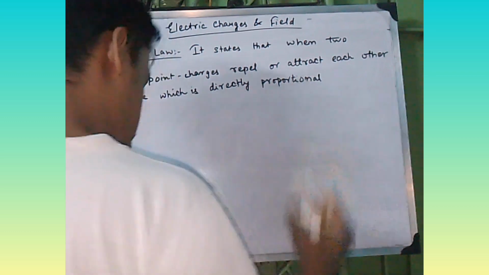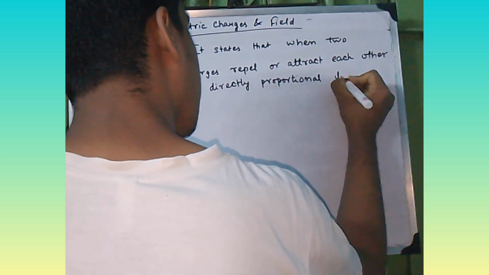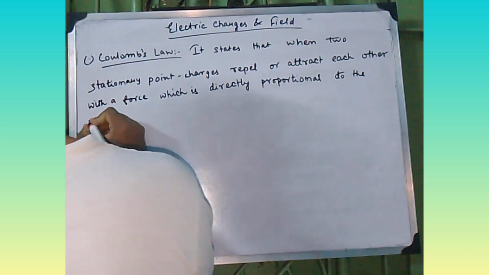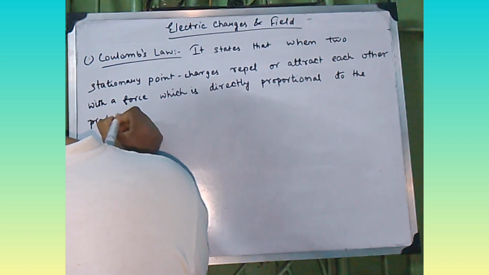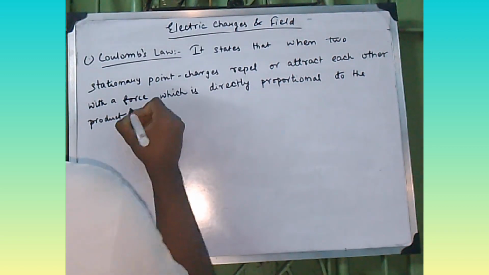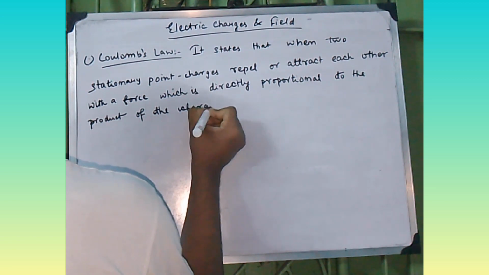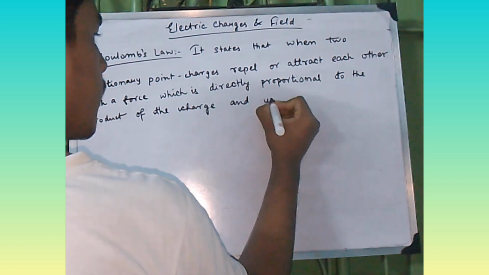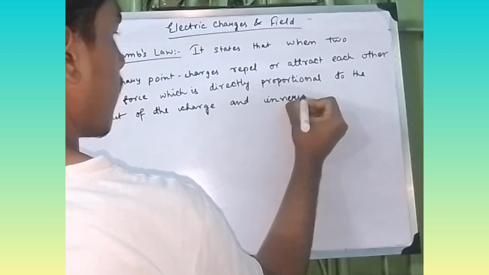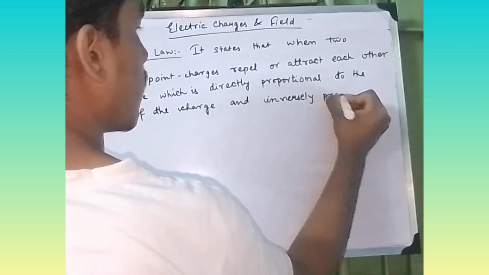So, if we take two charges q1 and q2 which are situated at a distance r apart, then the force acting between them will be given as F proportional to q1 q2 divided by r square.